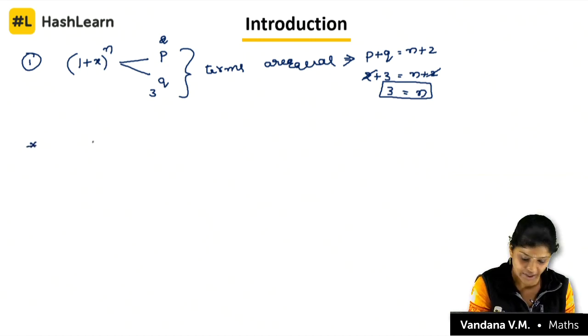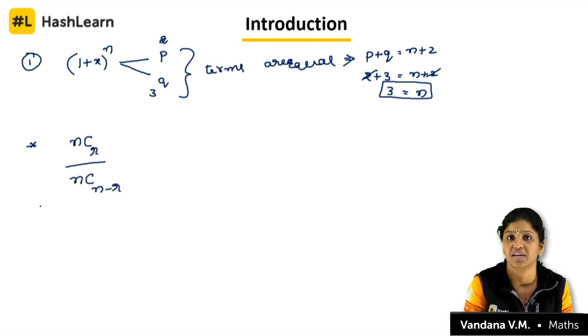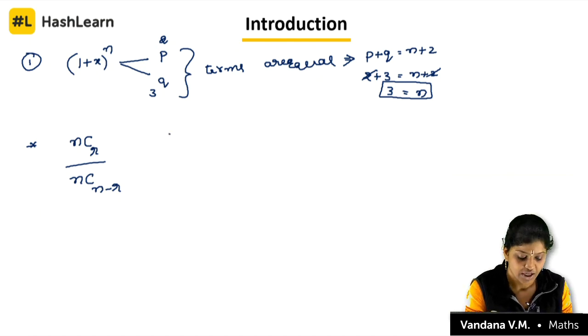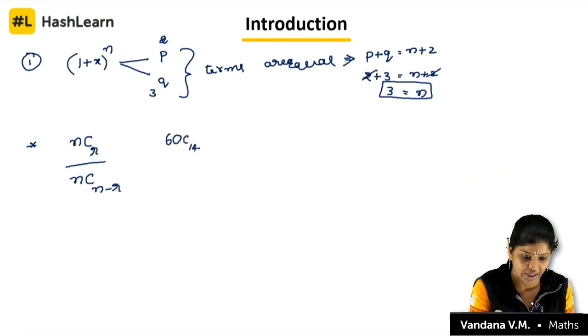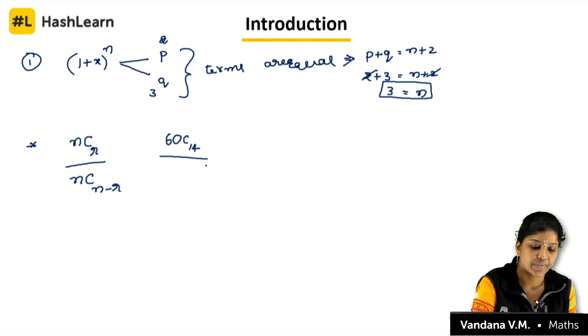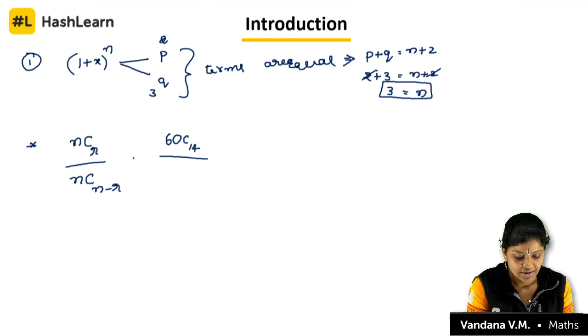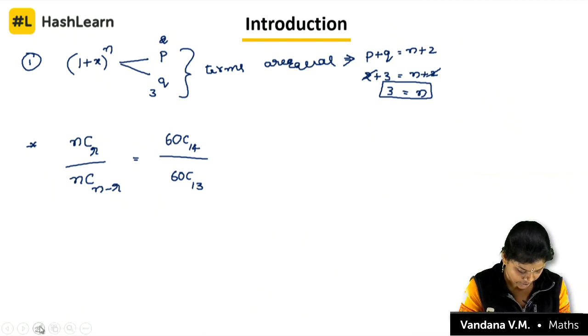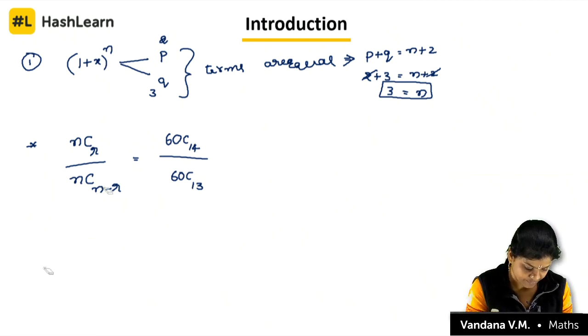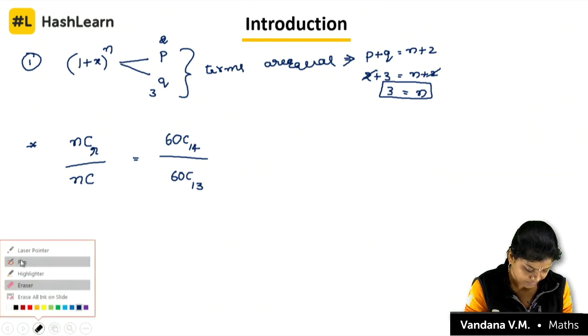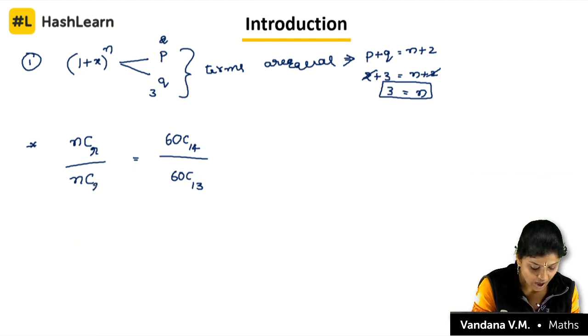The next shortcut, which I already told you, is nCr divided by nC(r-1), for continuous terms, whatever they are. See, 60C14 divided by 60C13. Sorry, what I wrote here should be r minus 1.